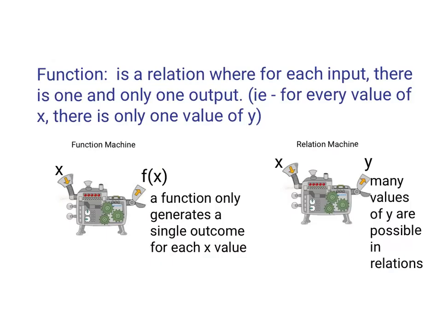So here we get into the difference between a function and a relation. You can think of the function machine where we put the x values into the function machine, the function machine does the work on that value, and then it spits out what's called the function of x, or the short form for this is f of x. Up to this point in your math career, we have always used y equals blah, blah, blah.